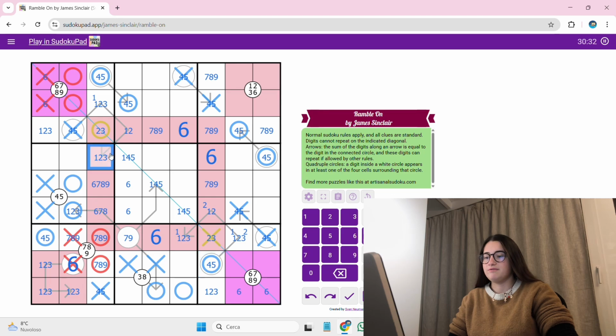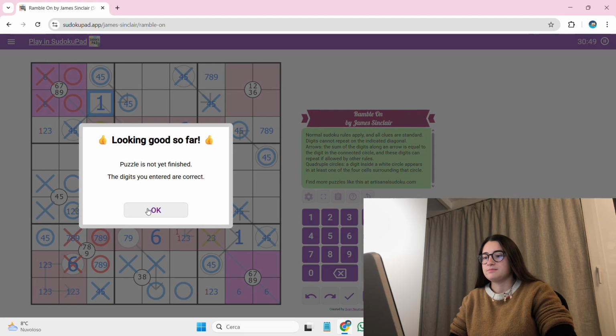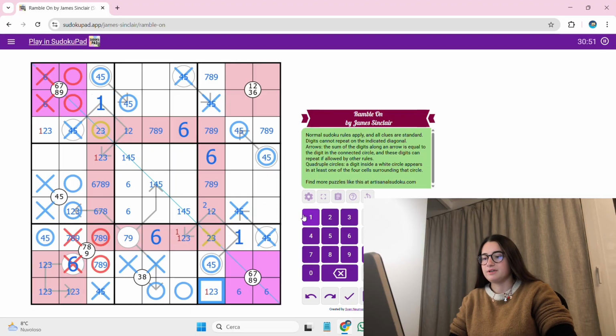And this will be 5. But we need a 3 in here. Specifically here, we would need 2 1s, because otherwise it would be greater. So this must be 1 and this must be 1. Yes, in fact, perfect. It's very complicated to explain.